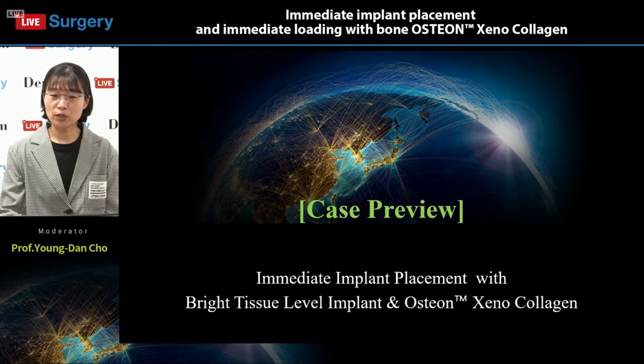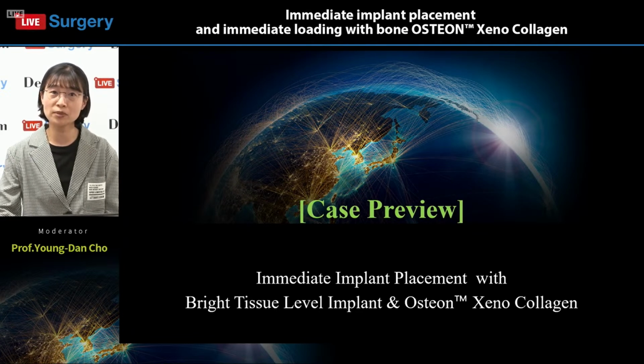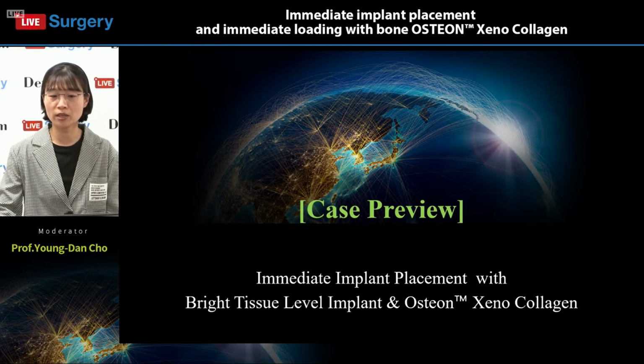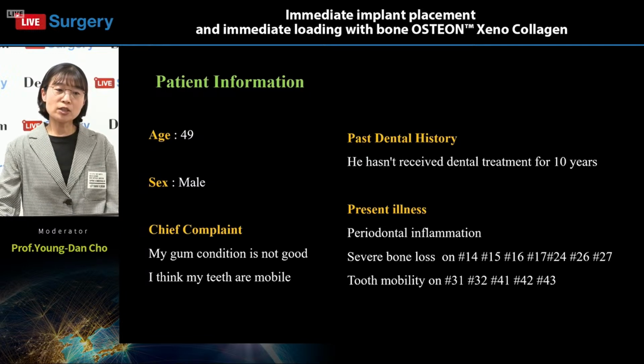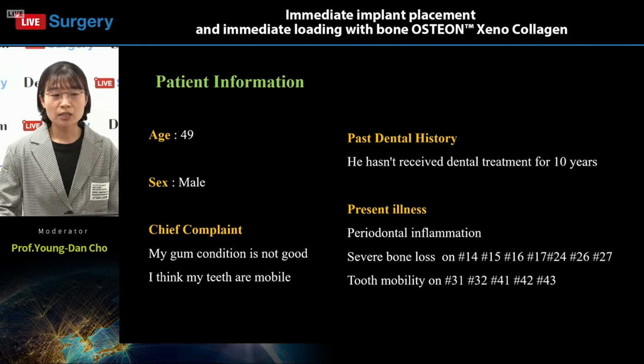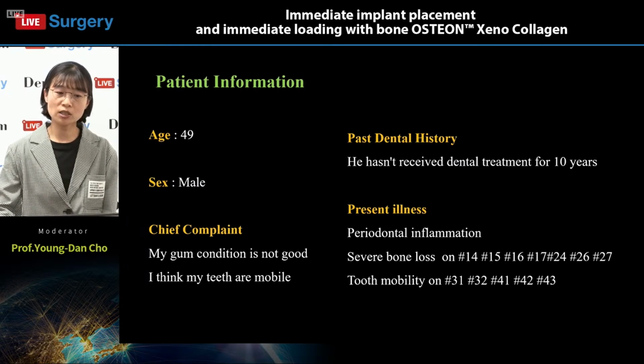Let's see the case preview first. Today's surgery is immediate implant placement with a bright tissue level implant and the GBR with OSTEON Xeno Collagen. The patient is 49 years old, male, and his chief complaint is that the gum condition is not good, and he also has a mobile tooth.